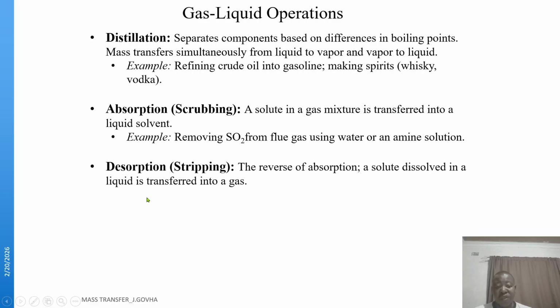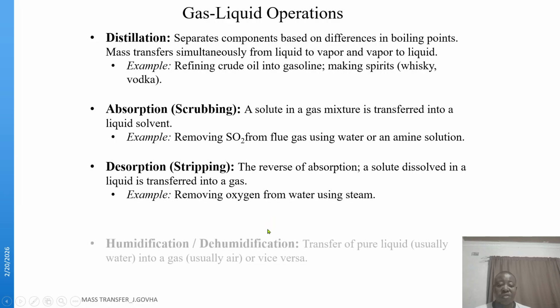Then if we look at desorption, it's the reverse of absorption, where the solute dissolved in a liquid is transferred into a gas stream. And a good example there is removing oxygen from water using steam.